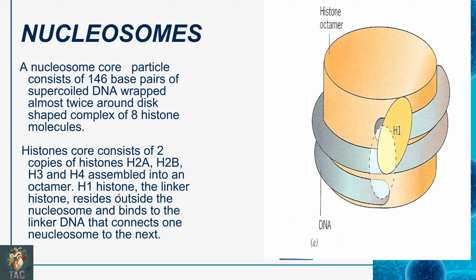The H1 histone, the linker histone, resides outside the nucleosome and binds to linker DNA that connects one nucleosome to another. So this is H1, the linker histone, attached to the DNA, and it attaches different nucleosomes to each other, giving the appearance of beads on a string.